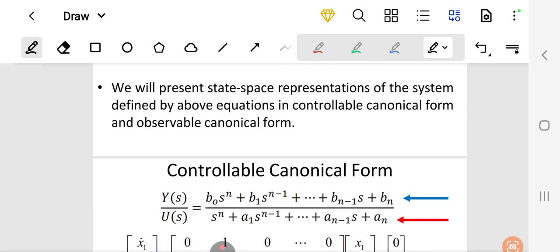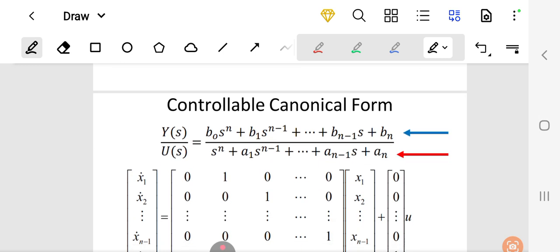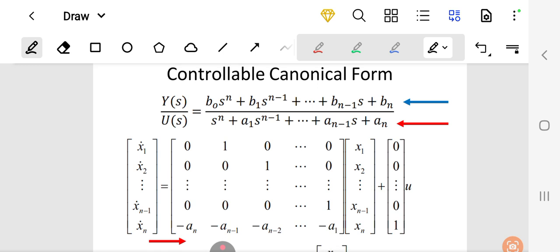We can represent the state space representation of the system defined by the above equation in the controllable canonical form and observable canonical form as follows. We begin with the controllable canonical form.